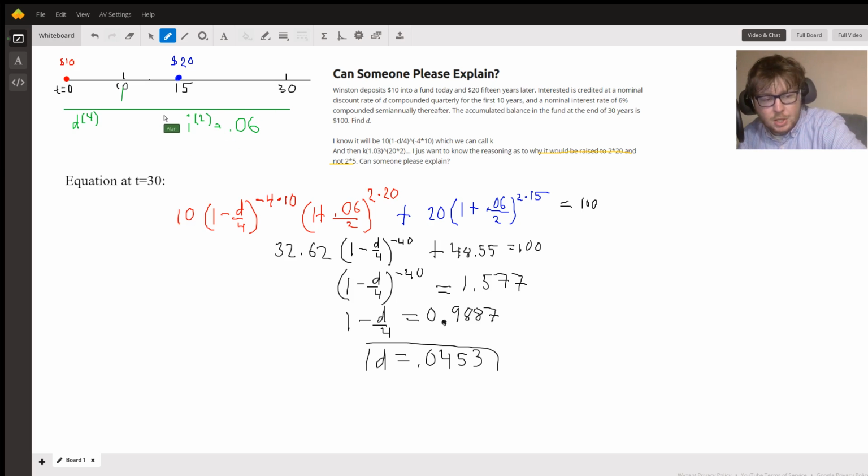Okay, so what is the total value at time 30? Well, we take the 10 initial, multiplied by the growth factor for the first 10 years. Well, it's a discount rate compounded quarterly. So it's going to be (1 - d/4) raised to the power of 4 times 10 with a negative sign in front of the exponent.